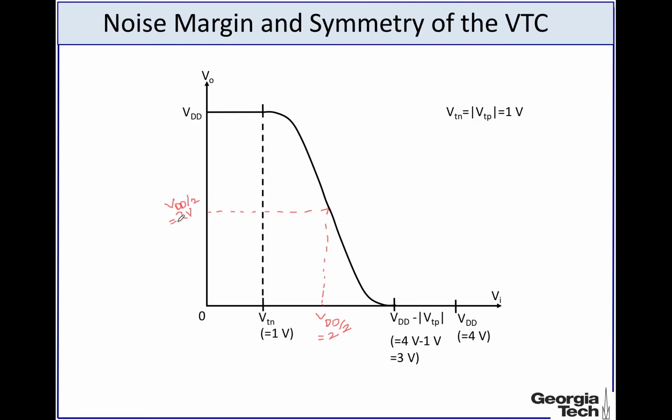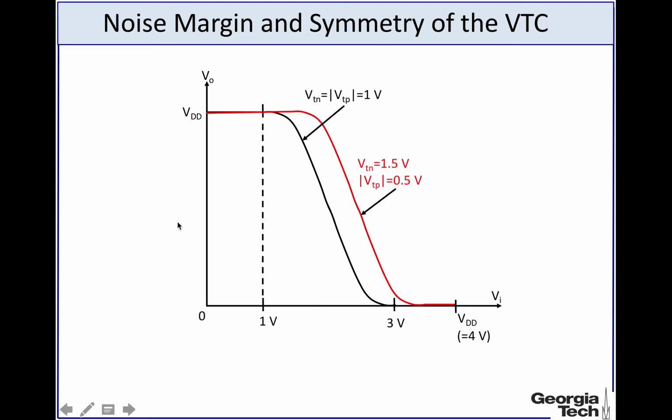Okay. So now think about the case when the threshold voltages of the N MOSFET and the P MOSFET are not equal. In that case, you will see that the voltage transfer curve shifts to the right. And why is that? Because when we were doing the analysis, we were saying that as long as the input voltage is smaller than the threshold voltage of the N MOSFET, the output will be equal to VDD. So you need to go back and look at that analysis to understand what I mean.